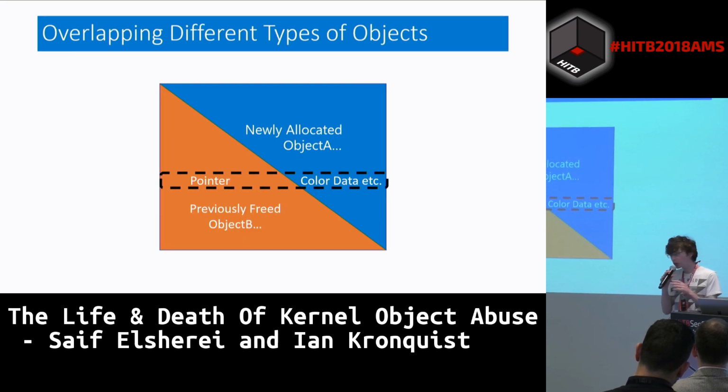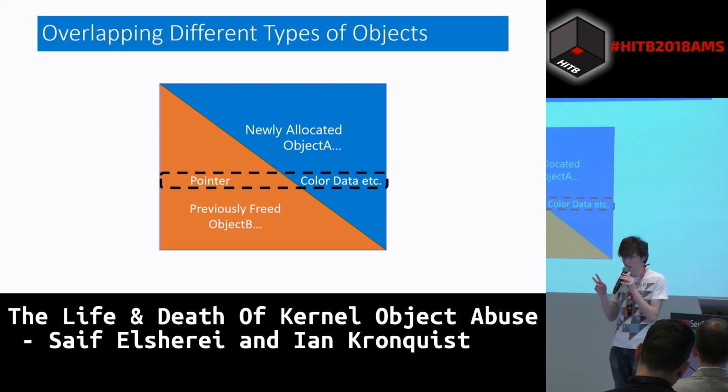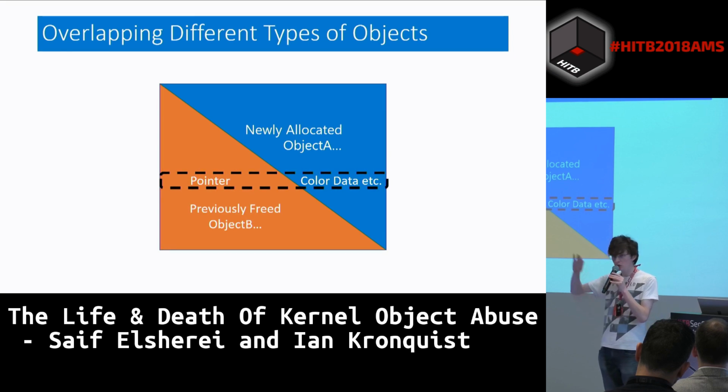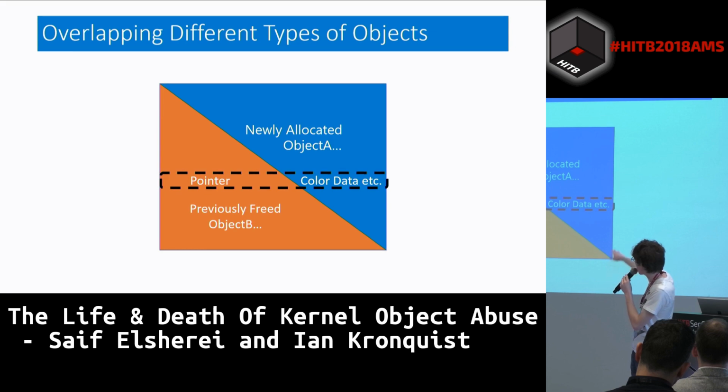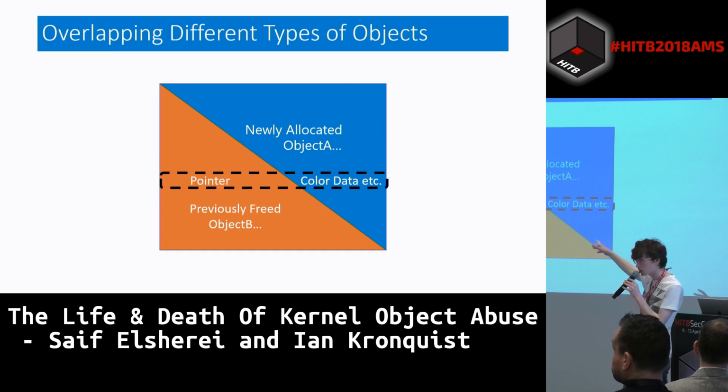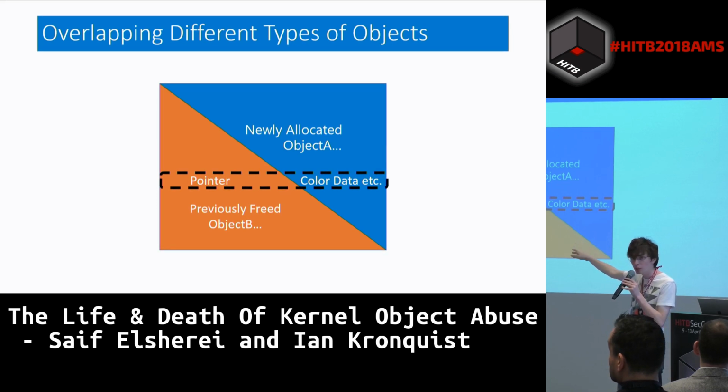So what we've decided is there's two things we have to protect against. The first is you've got two different types of objects. That blue guy up there, that orange guy, object A, object B, maybe one's a palette, maybe one's a window. And you've got some pointers in object B, and some color data for the GDI subsystem, which the user in their application can change to whatever color to make the screen blue or orange or whatever.